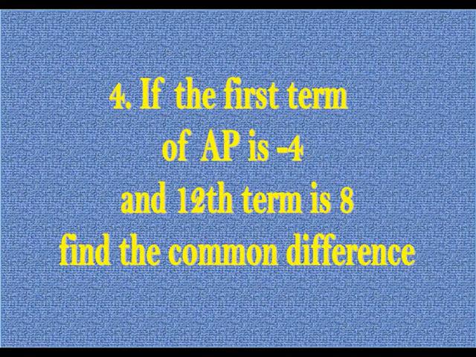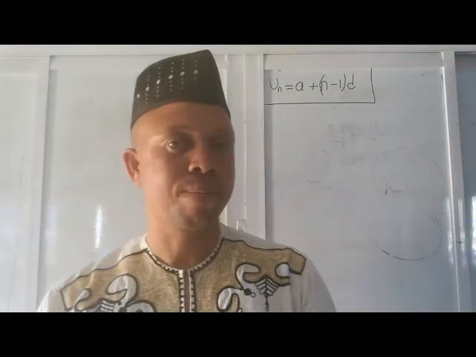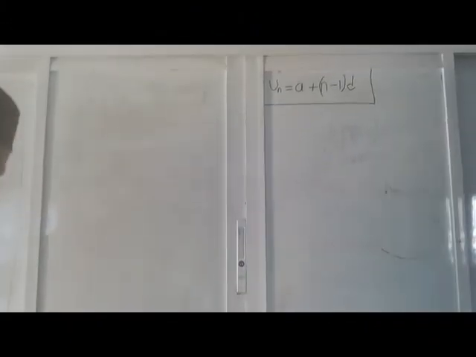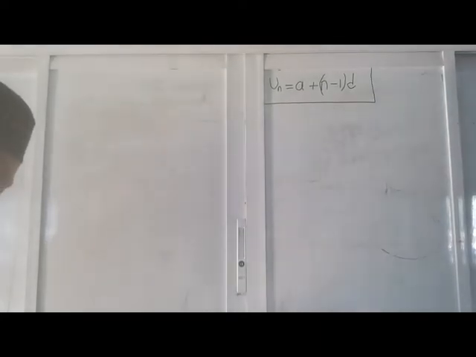If the first term of an AP is minus 4 and the 12th term is 8, find the common difference. Now, we are told from the question that the first term of the arithmetic progression we are about to solve is minus 4.